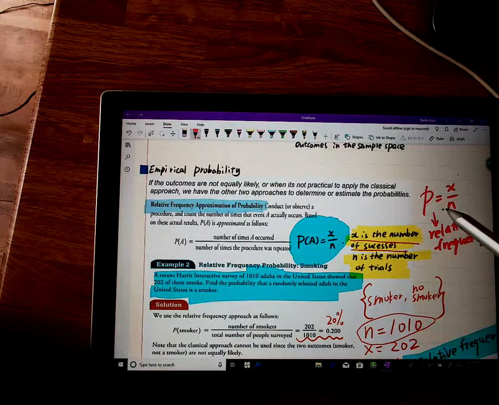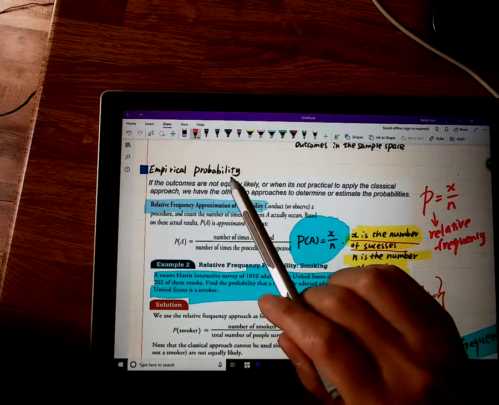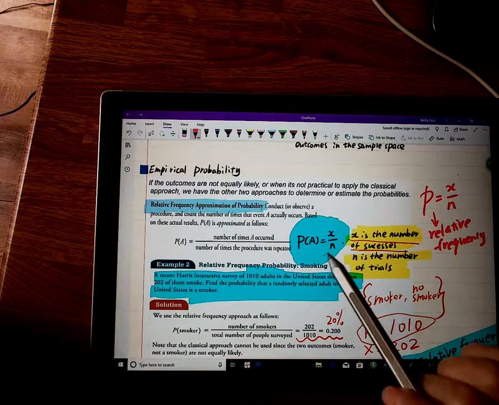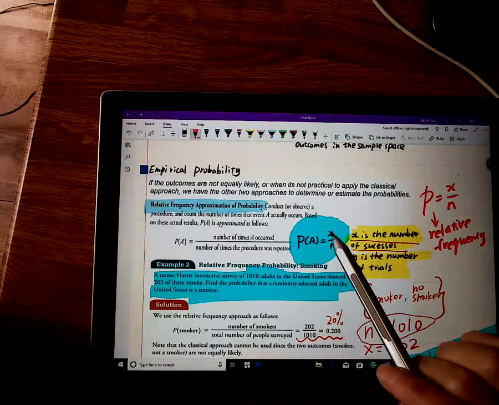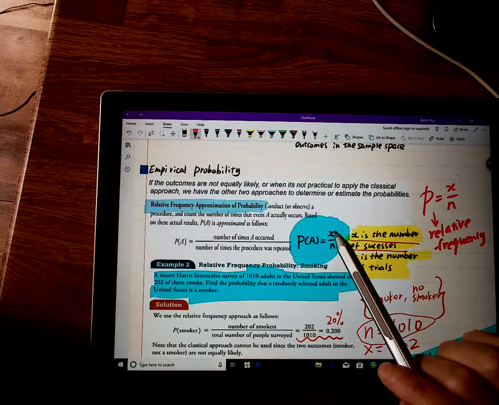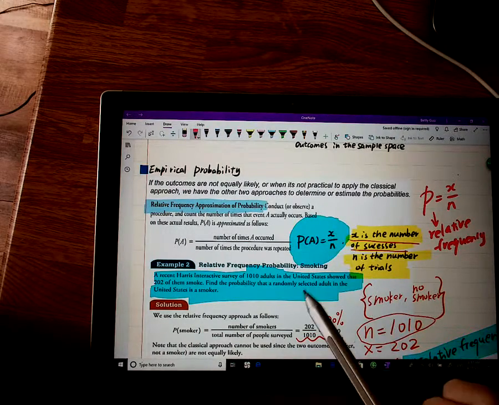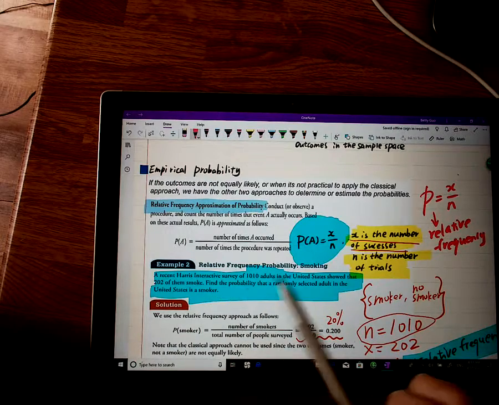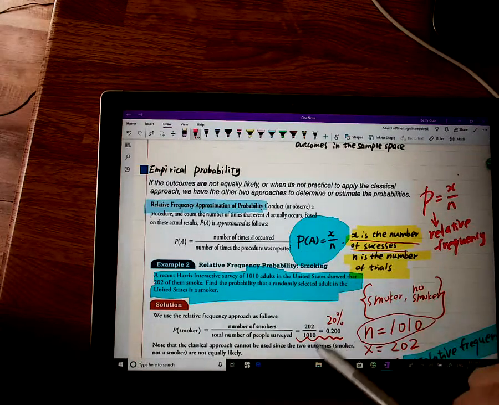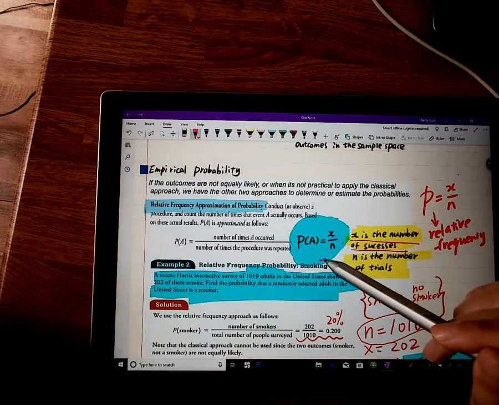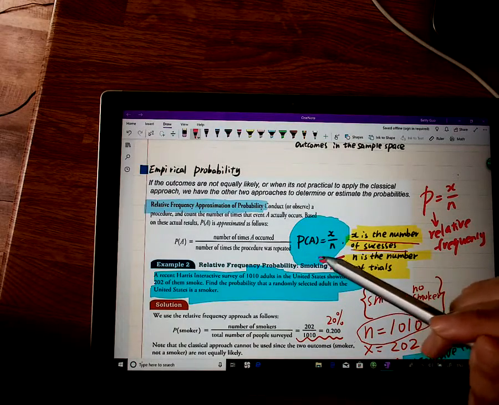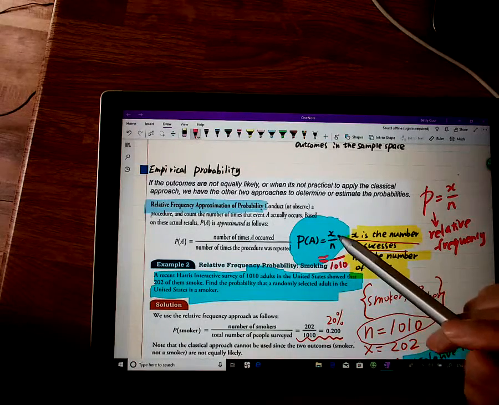The formula here for the empirical probability would be P equals X over N. N is the number of samples, or sample size. X is the number of successes in the sample. In this case, getting a smoker is a success. So what is N? N would be 1010, the sample size. And what is X? The number of successes.